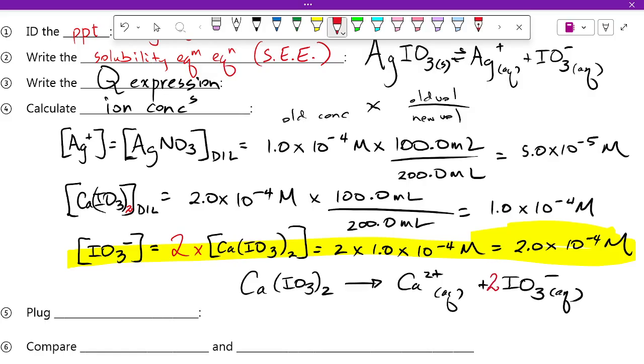So if our concentration of Ca(IO3)2 is 1.0 times 10 to the negative 4, then our concentration of IO3- is going to be 2 times 1.0 times 10 to the negative 4.